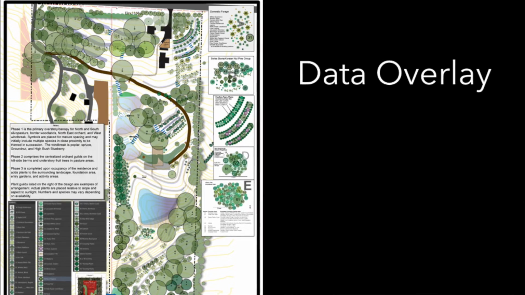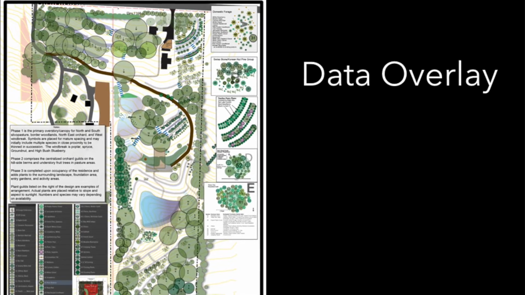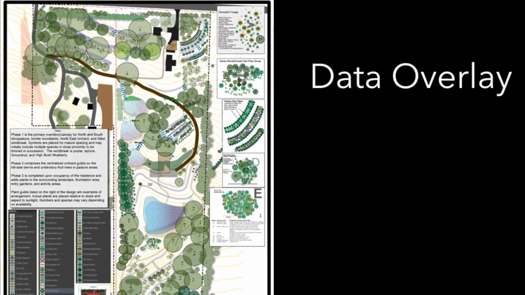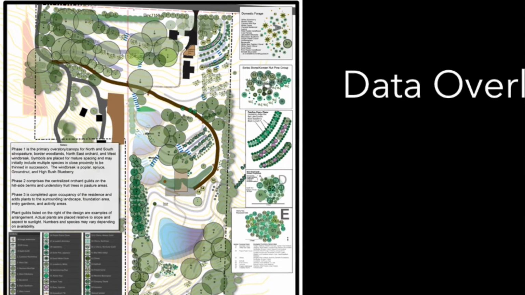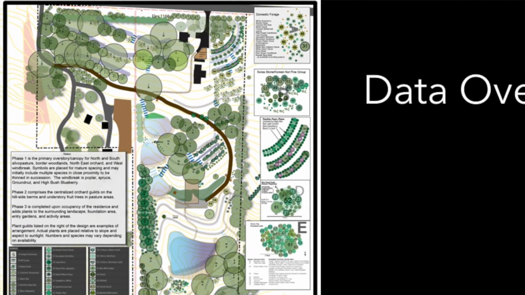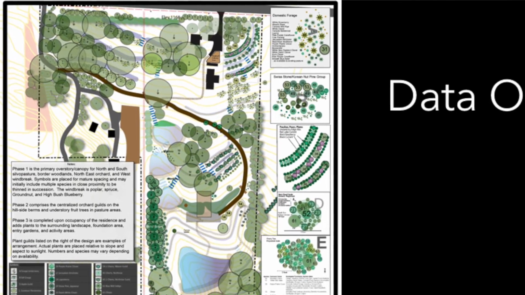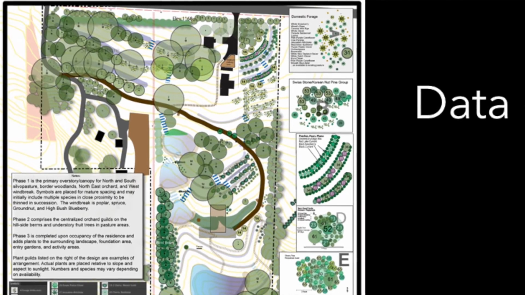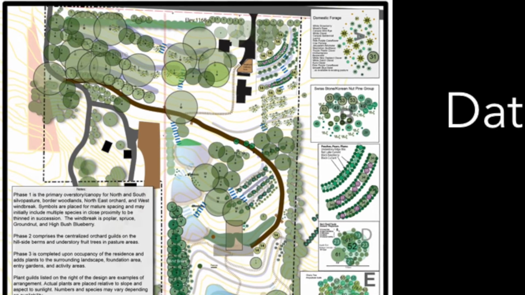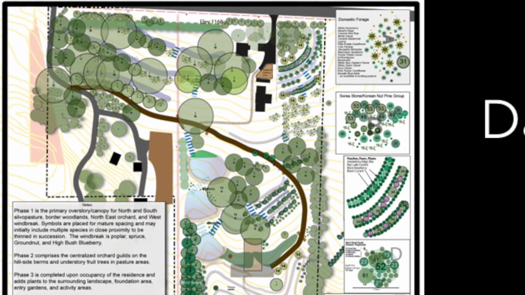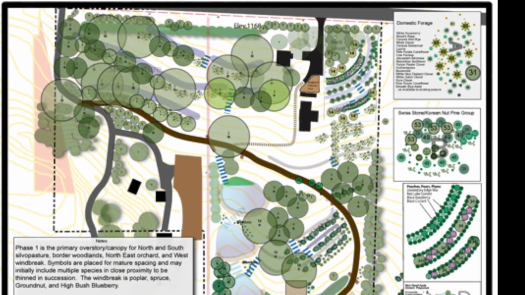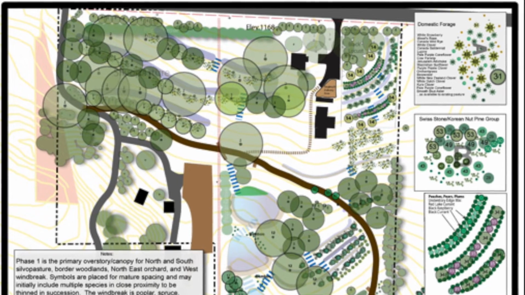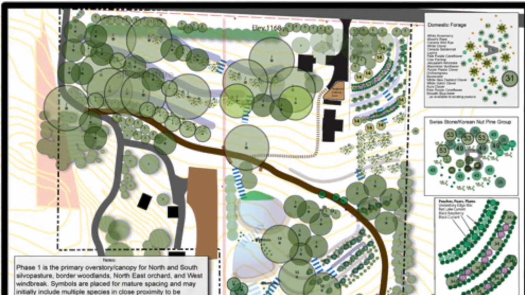Now, the data overlay. This is another super classic, perhaps one of the most classic ways that we do things in permaculture. And it is putting that map down, and it is putting those contours, those identifying words, identifying what markers are, making that legend, that key to identify things, putting down your trees, putting down the different zones, all this stuff on that map, making those layers, the path of water, all of it, the path of the wind, the sun path.